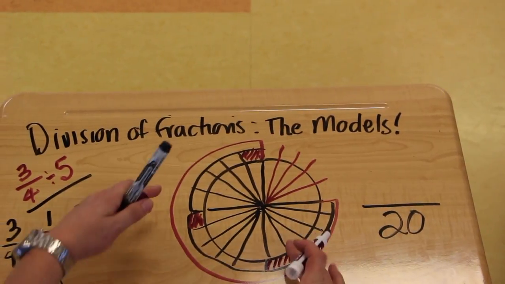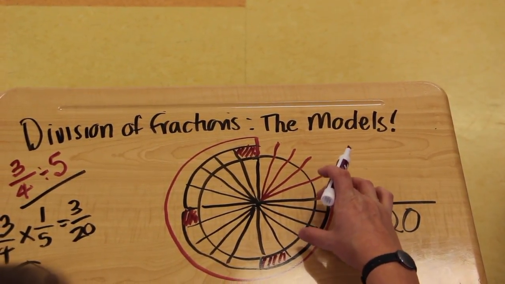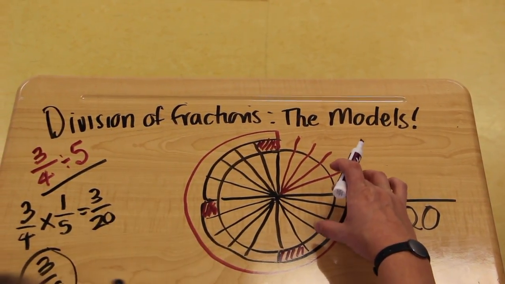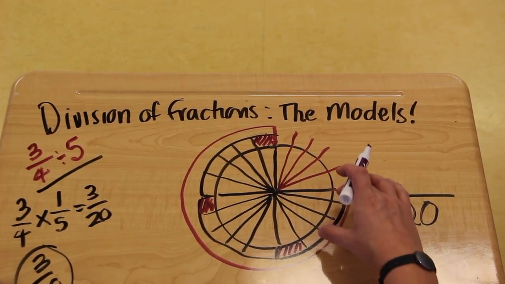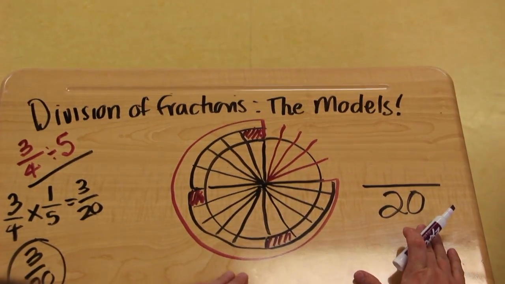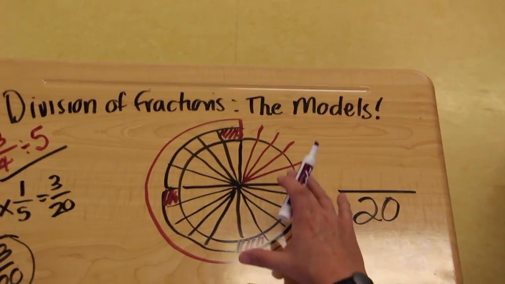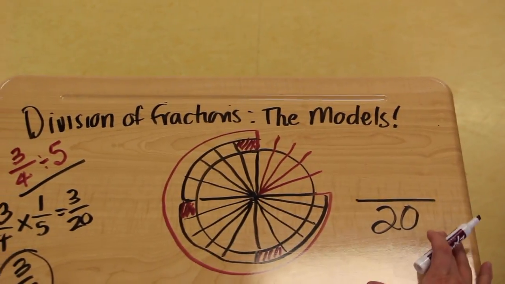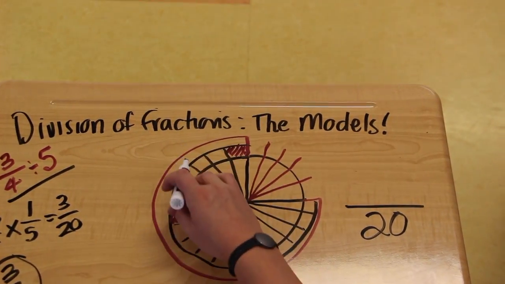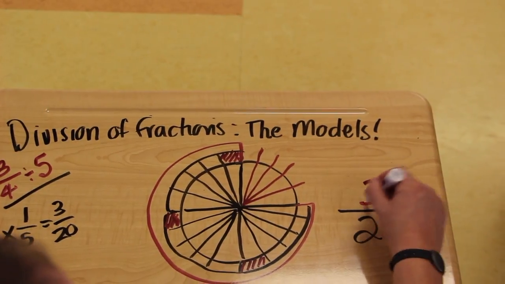If we were to take these and slide them all together over here, this would be 3 out of 20, which is, if we were to take our original 3/4 and cut it into 5 equal pieces, that's how big each one would be. What we had to do in order to see that in a picture is take our original whole piece, or our pie, and find a new denominator because we cut each piece into little pieces, and then we took the number and we pushed them together and we end up with 3 out of 20.